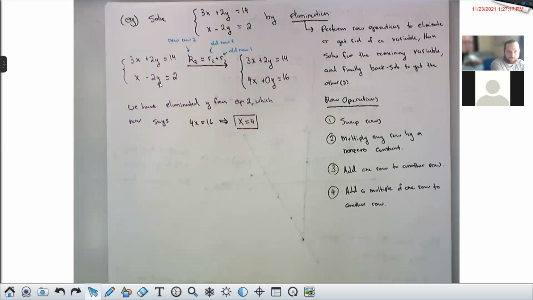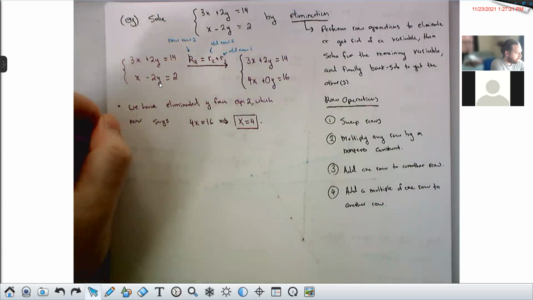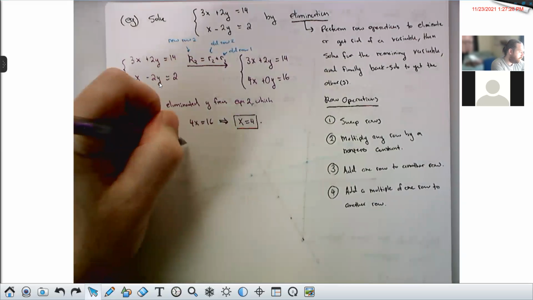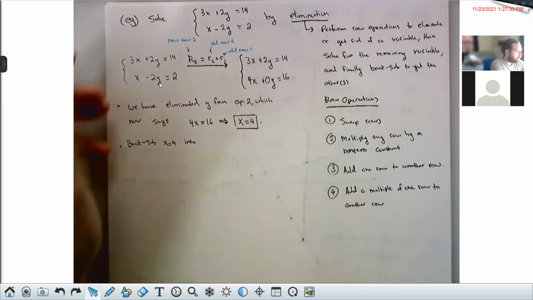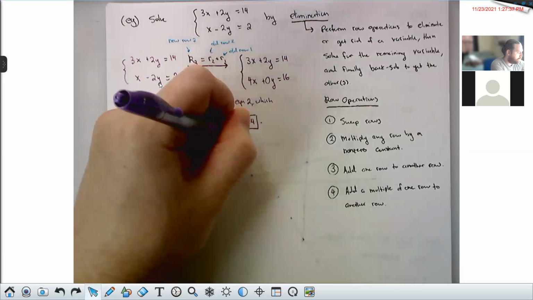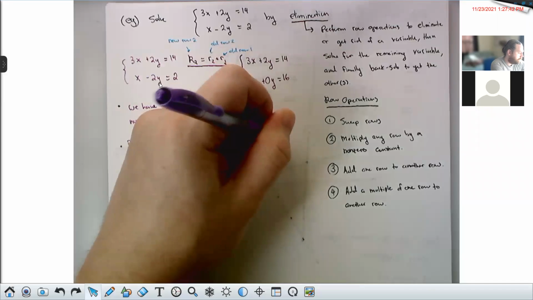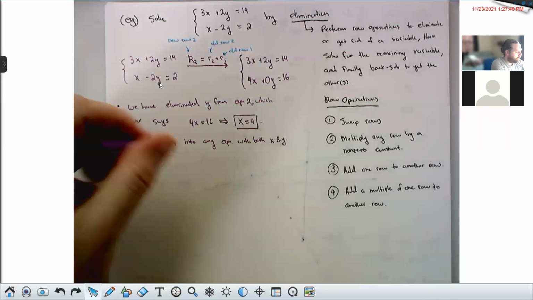Solve that equation. The very last thing we do here is back sub x equals 4 into, you can go into any equation as long as it has both x's and y's. I might go into the equation 1, right?